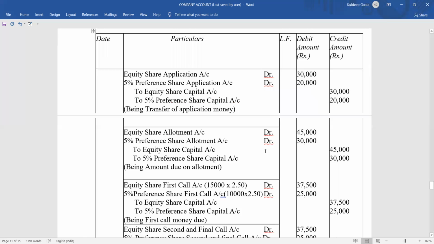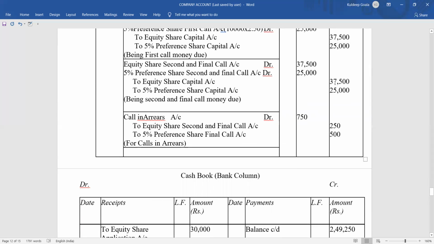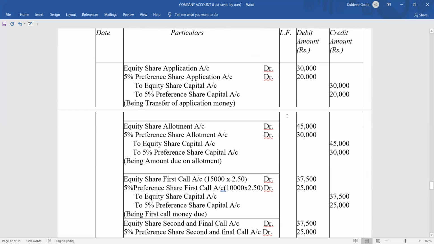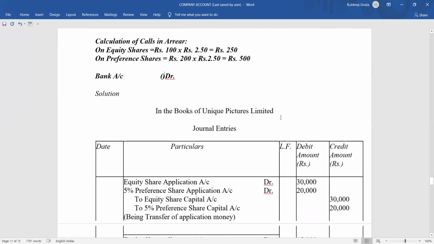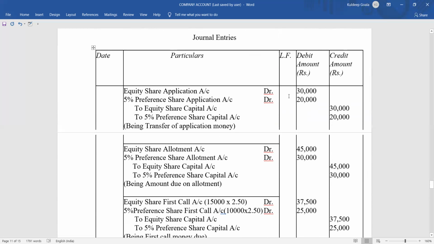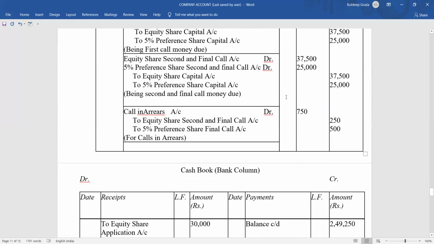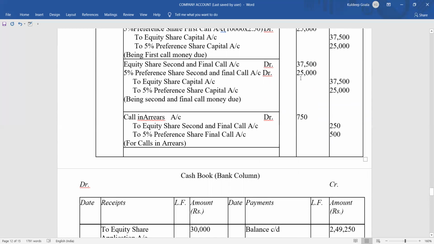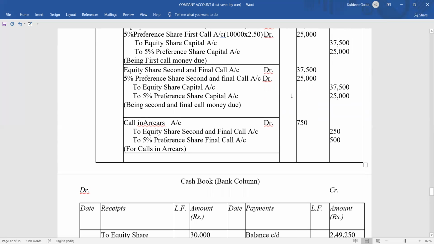The amount in case of the second and final call was how much? 37,500 and 25,000, right? So individually also you can do it, or totally. Let's see. One by one, it was 37,500 in case of equity share and 25,000 in case of preference share.